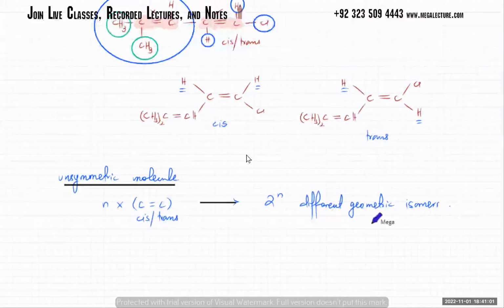For example, if a molecule has 2 double bonds, then it's going to have 4. As an example, if I have this molecule, the first double bond is making cis trans and the second one is also making cis trans.